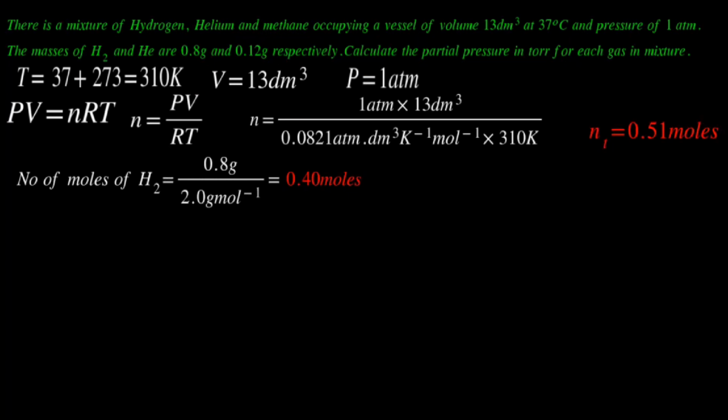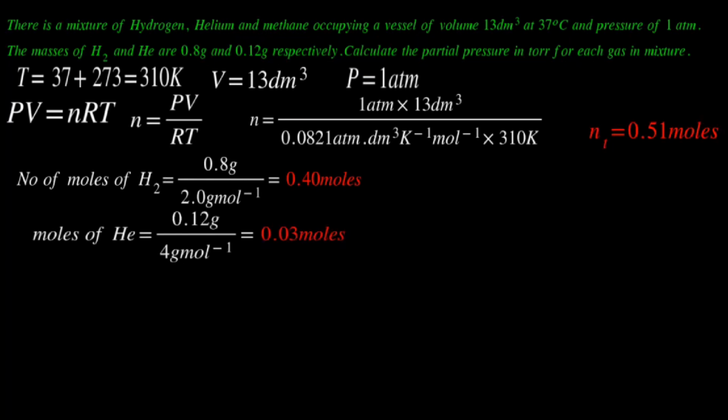The number of moles of hydrogen would be equal to the mass of hydrogen divided by the molar mass of hydrogen, and it will give 0.4 moles. Similarly, for helium, the mass of helium is 0.12 gram according to this statement, and the molar mass of helium is 4 gram per mole, and this will result in 0.03 moles.